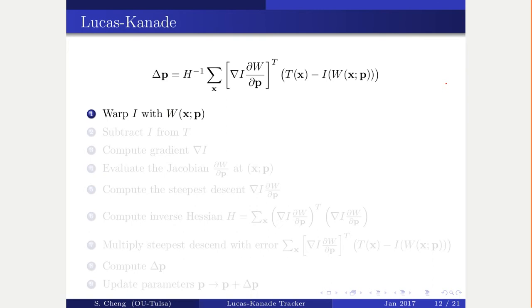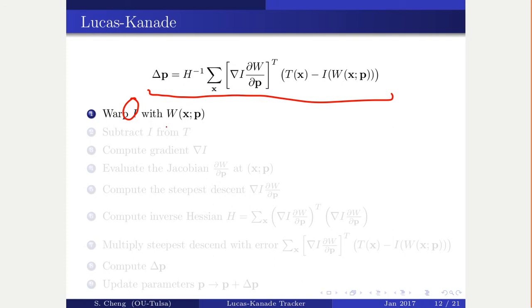And so now we can really summarize the algorithm. Essentially the whole Lucas-Kanade algorithm is summarized by this equation that we derived earlier. We start with some image and with some template image.